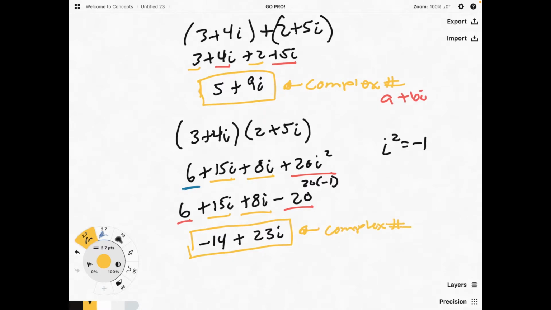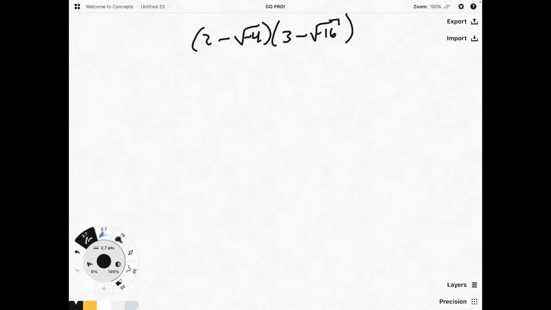Okay, let's look at an example where we are actually working with square roots. We are able to utilize both of the rules that we saw for imaginary numbers. In this case, we would simplify this problem. We would get 6 minus 2 square roots of -16 minus 3 square roots of -4 plus the square root of 64.